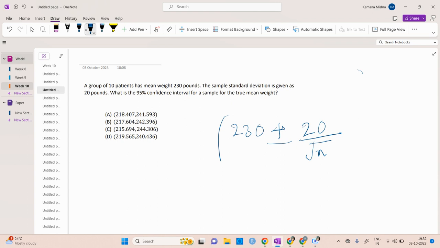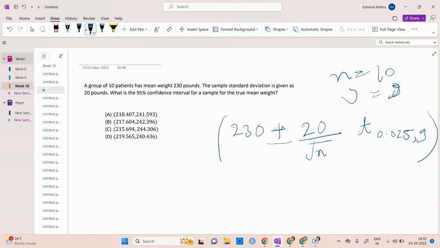So this, and then you have t at 0.025, and the degree of freedom here is that n is 10, so nu here will be 9, right?